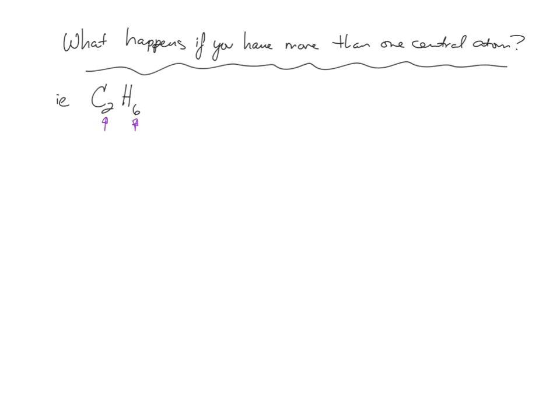So I'm going to go ahead and draw my carbons. And I'm already just going to bond them together the one time. It might be that you have to bond them together more than once, but we're not going to look at that until the end.